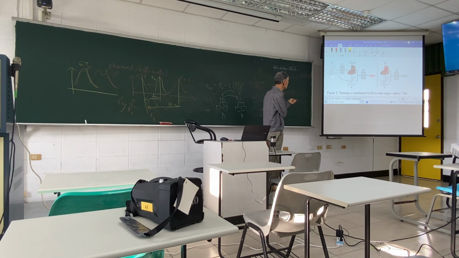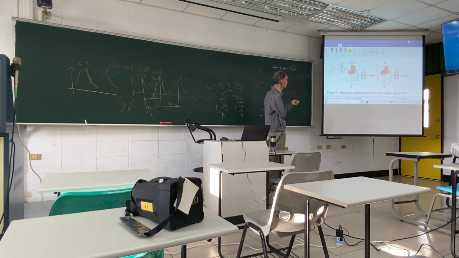The sketch of a boot. The boot, you draw it with a sketch. And we input it to a generator, right? We just do the decoding, and we generate the boot.